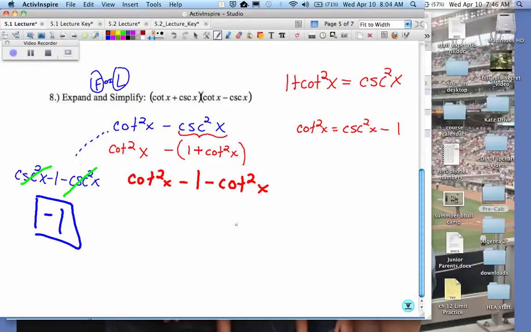What happens? Cotangent squareds are opposite. They're left with negative 1 also. So whenever you see these square terms, you should automatically start thinking about, could I use a Pythagorean identity?